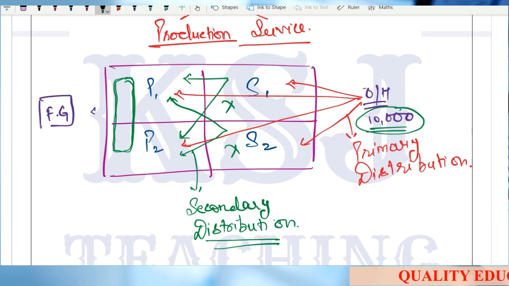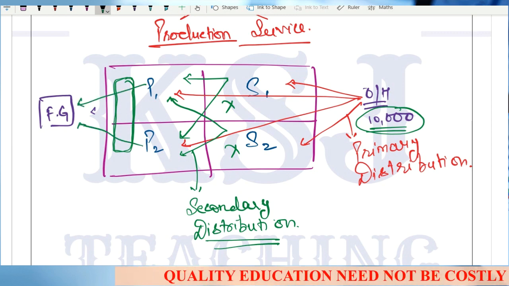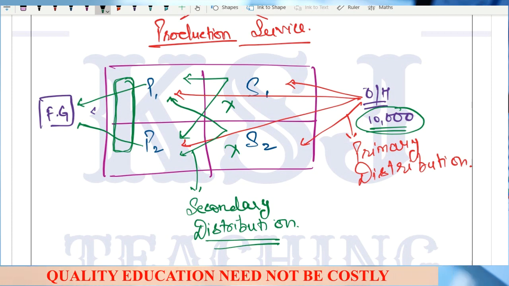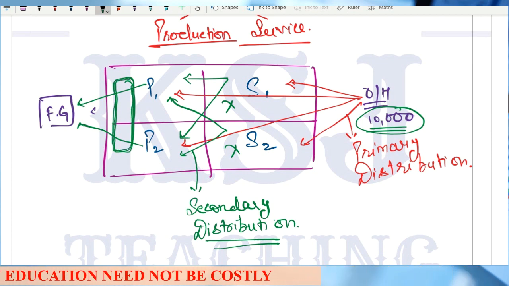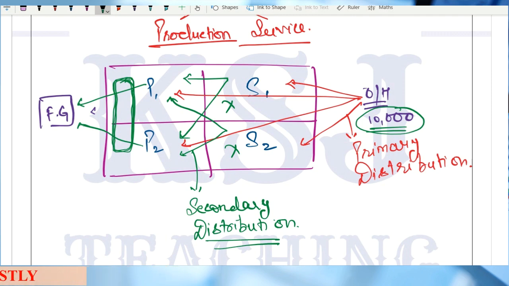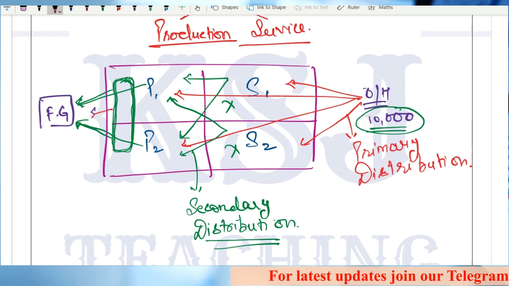Now the production department is directly involved in the production of the finished good. That means the overheads lying in the production department, we have to identify into the finished good.